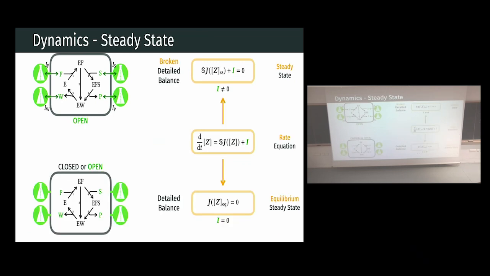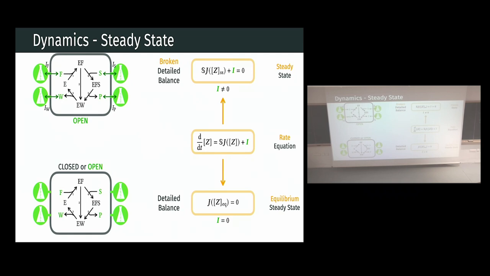So, dynamics: there are special points in the concentration space called steady states. These are concentrations such that if the species have those concentrations, the concentrations will not change in time.